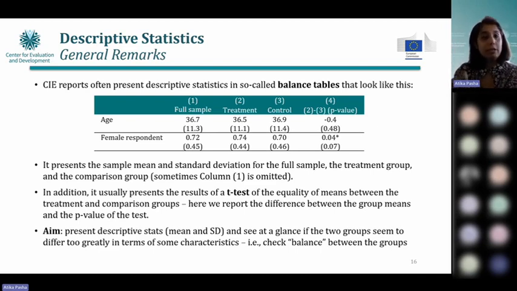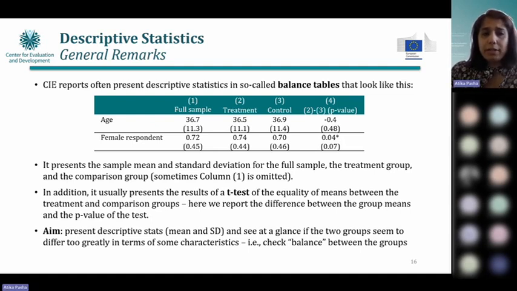In the report that you might get as well, you will see something called balance tables. So let me briefly explain what these balance tables are with just 2 of these variables. So we took data for the entire sample, but you remember we have a treated sample and a control sample. Treatment is those who receive the program, control are those who have not received the program.